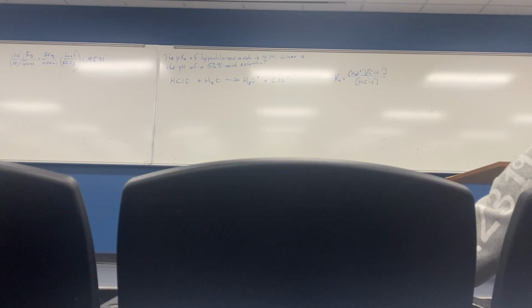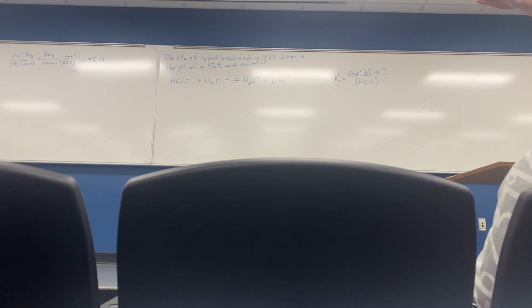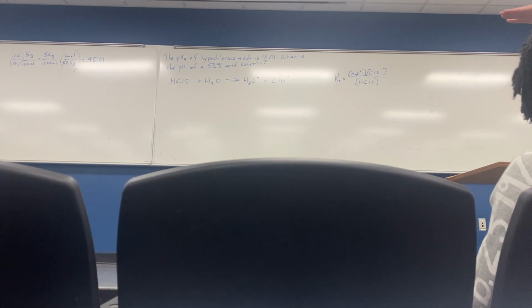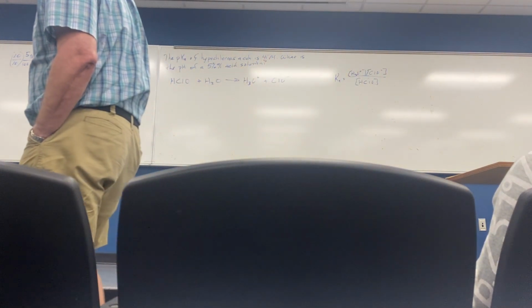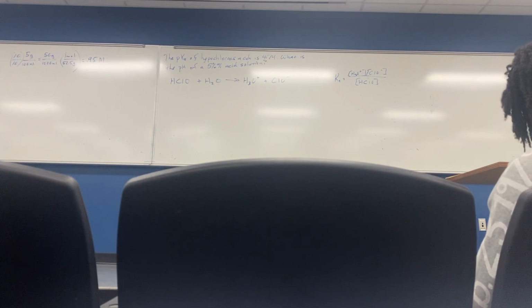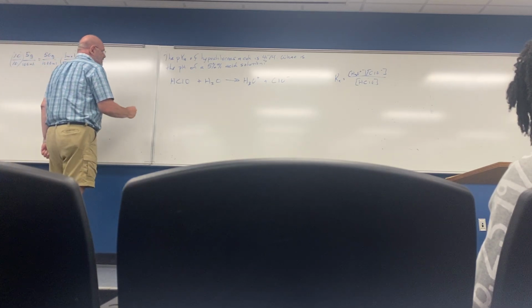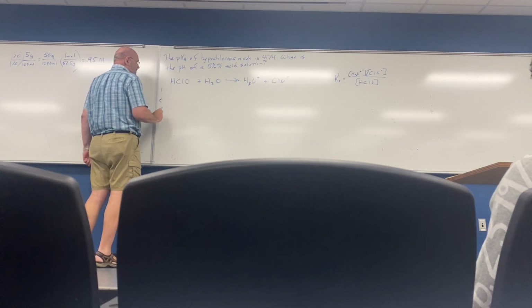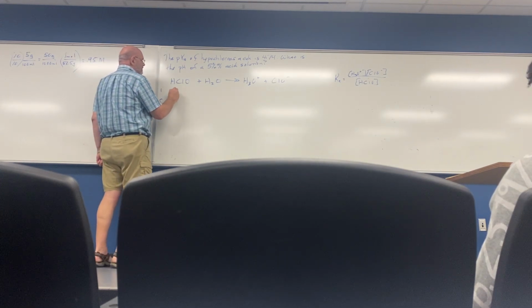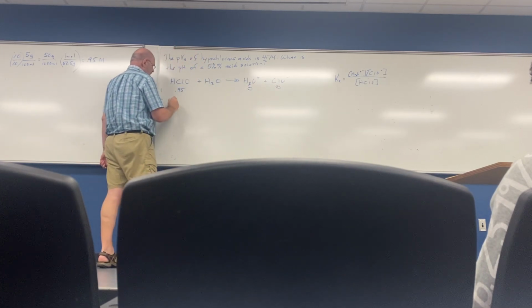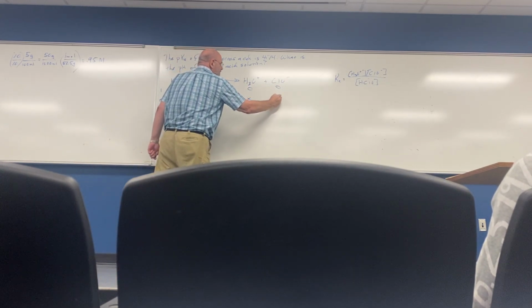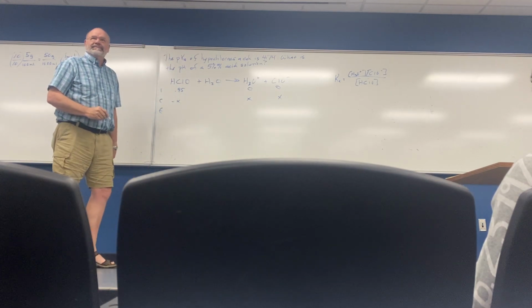Remember the ICE table? I is the initial line, C is the change line, E is the equilibrium line. Okay, you guys get that? Yeah.